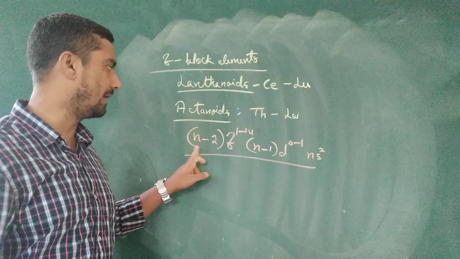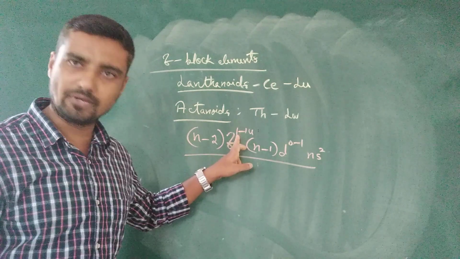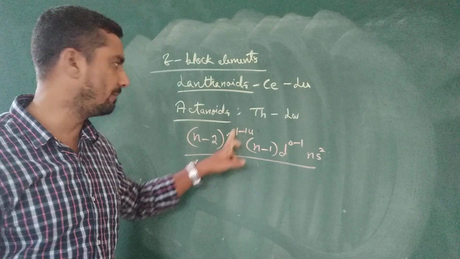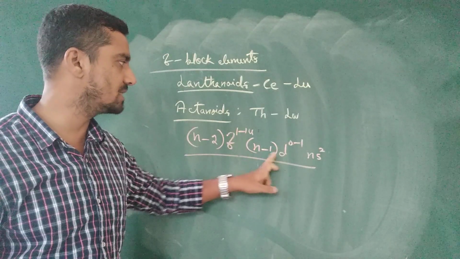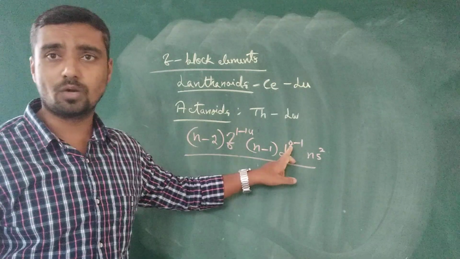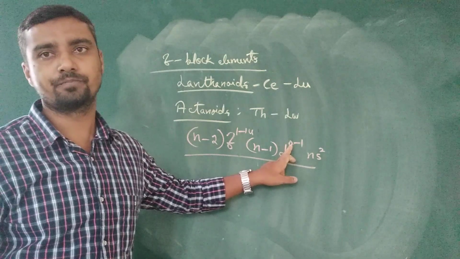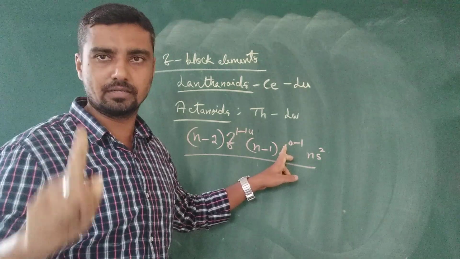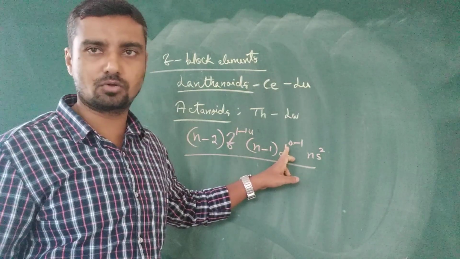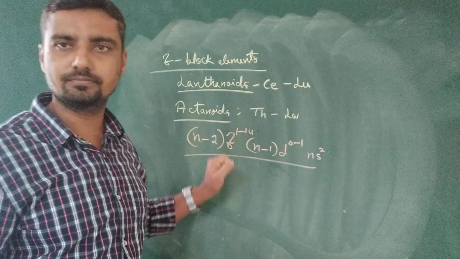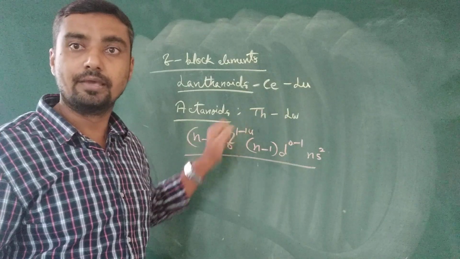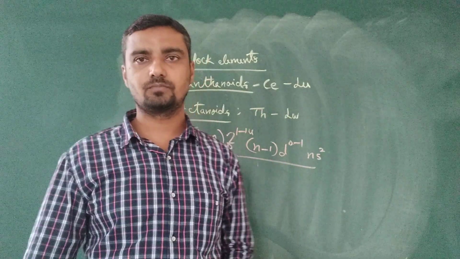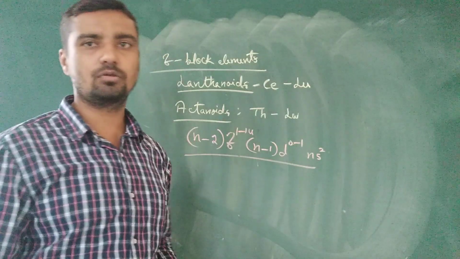Just remember: in (n-2)f the minimum is 1 electron and the maximum is 14 electrons. In (n-1)d it is not 1 to 10 but 0 to 1; at most only 1 electron is filled in the D orbital, and the remaining electrons get promoted to the F orbitals. And ns2. This is the general electronic configuration.